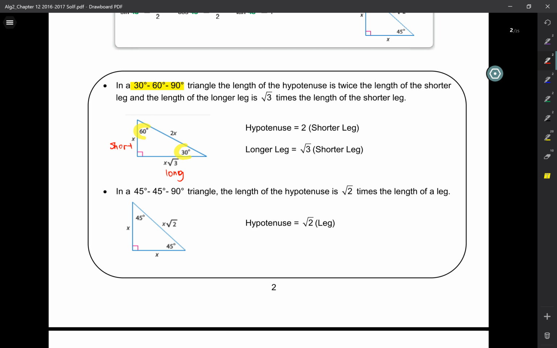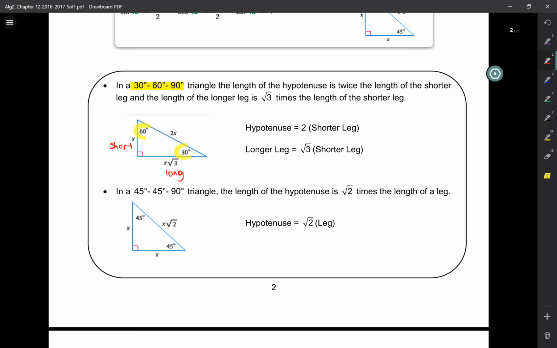And the way the sides are compared to one another is, whatever the shorter leg is, the longer leg is that times √3. And whatever the short leg is, the hypotenuse is that times 2. Okay?